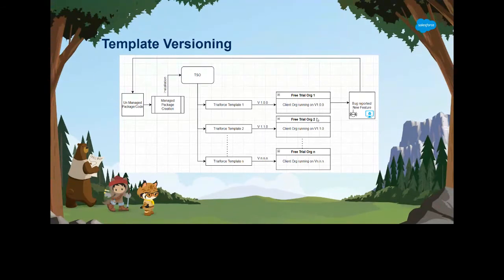Similarly, as you go forward, keep fixing or patching, you will keep generating templates at different levels, and they will hold that solution. Once you create a free trial using those templates, it will hold that solution for you. So these templates will remain available. Let's say even in future, some customer is fine with the 1.0.0 version of your package.